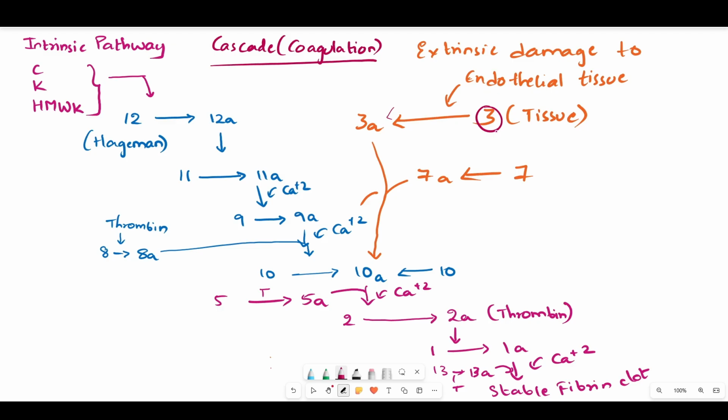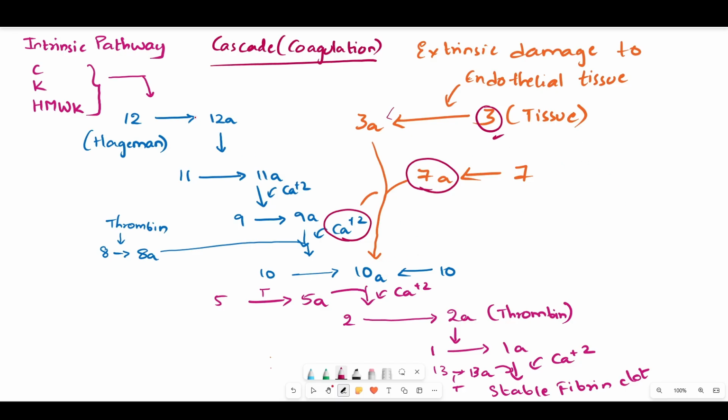This will first activate the third factor that gets converted into 3A. That 3A along with the calcium molecule activates factor 7A. All these three together will activate factor 10A. Till the factor 10A activation, this is the extrinsic pathway.